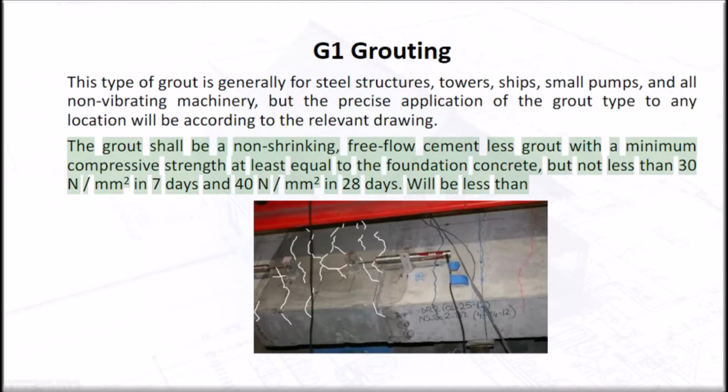The grout shall be a non-shrinking, free-flow cement-less grout with a minimum compressive strength at least equal to the foundation concrete, but not less than 30 N/mm2 at 7 days and 40 N/mm2 at 28 days.